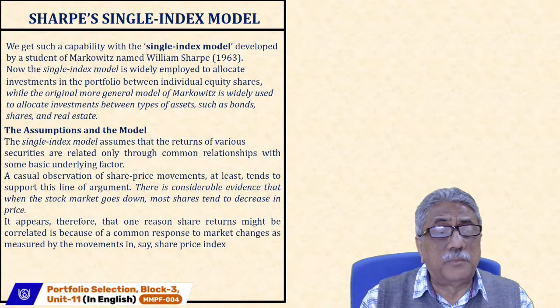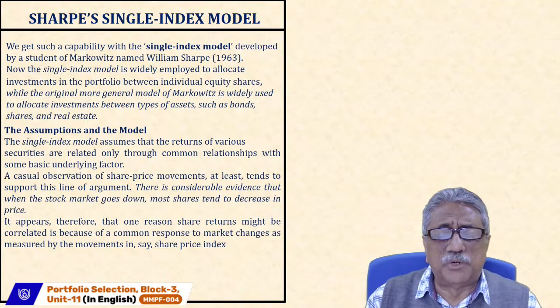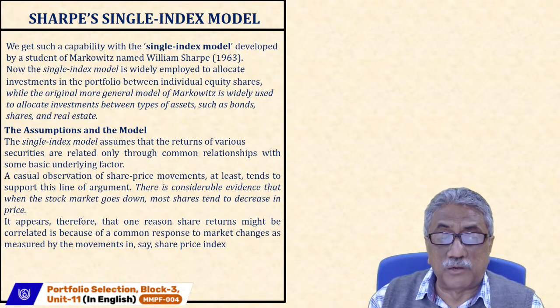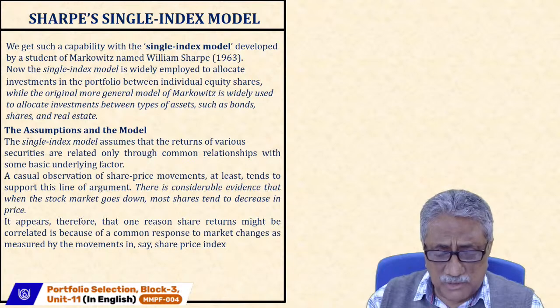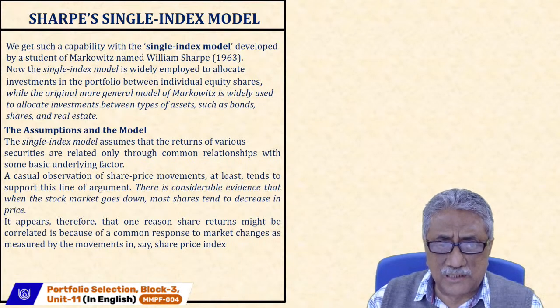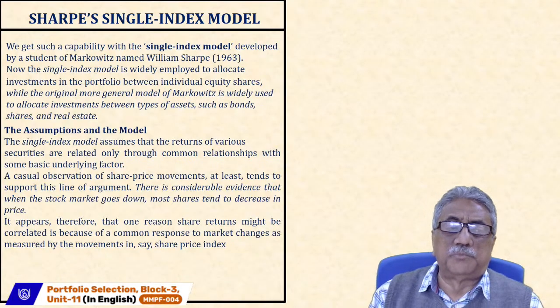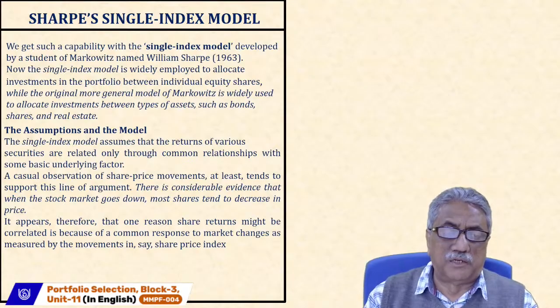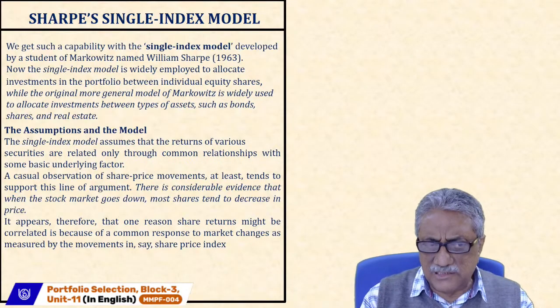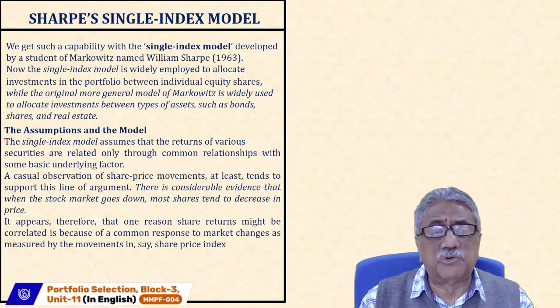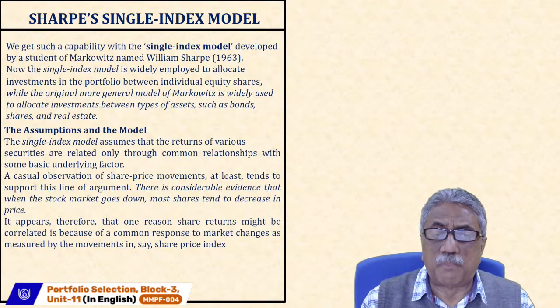So accordingly, opening price and closing price will be different, and you will get a different rate of return. So the single index model is saying that returns of various securities are related only through a common relationship with some basic underlying factor. Every day there are some factors, and based on that, some securities are moving and giving you a return.